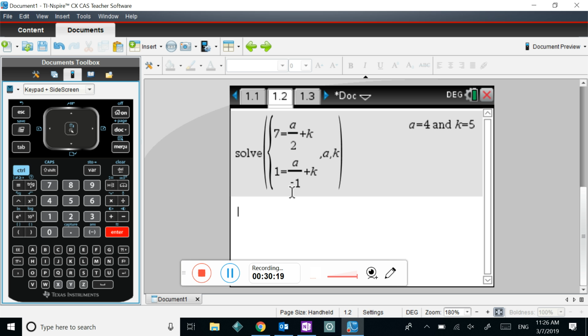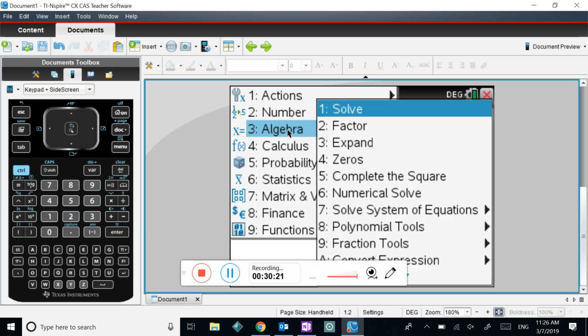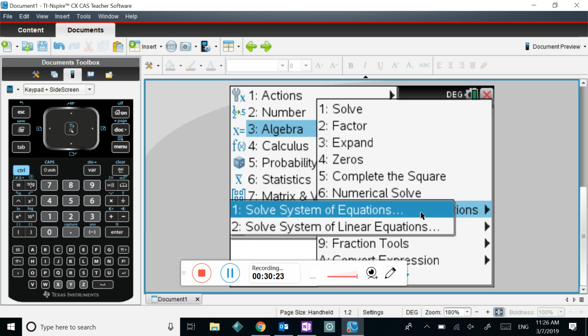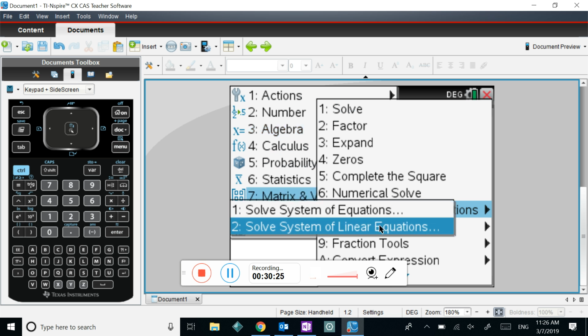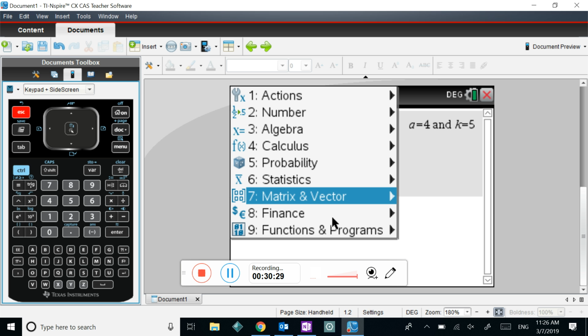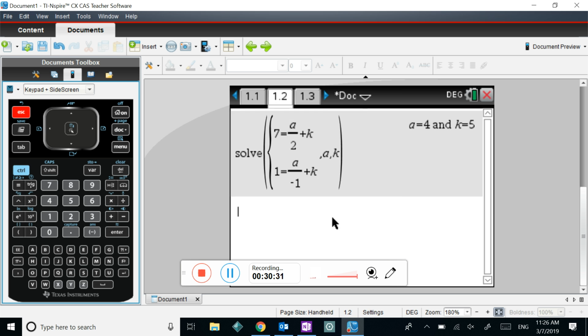It will be the same to use number 3 and solve system of equations. It's the same thing as solving a linear system. I just don't like to remember the number. So I remember solve is -3, 1. I just press that and type in the number of equations I need to solve. Same thing, doesn't matter which one you use.